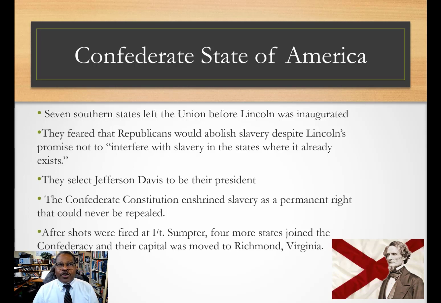So it's not a reaction to anything that Lincoln did, or because Lincoln was trying to take their slaves, and then they revolted and had to defend themselves against Northern aggression. They didn't even wait. And Lincoln said, I'm not going to interfere with slavery in your states. So their actions are really preemptive.